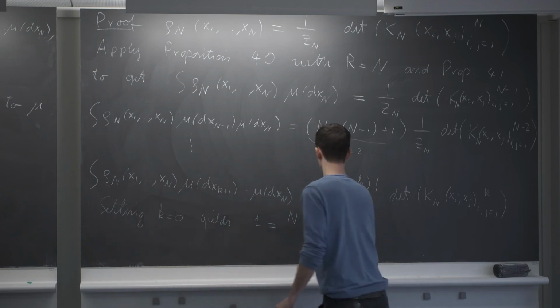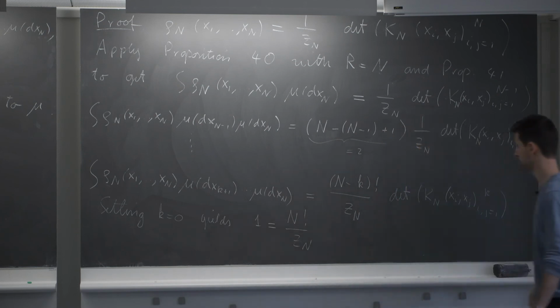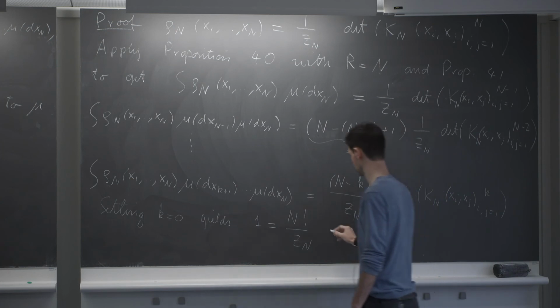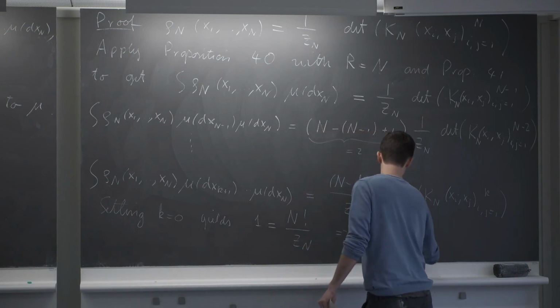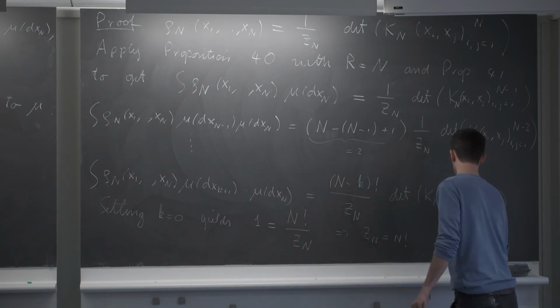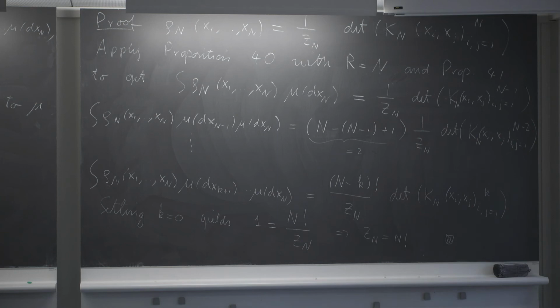So if k is 0, I have an n factorial divided by Zn, and then I have the determinant of an empty matrix, which is by convention equal to 1. Empty products are equal to 1. So from this, we deduce that Zn has to be equal to n factorial, and that's what we have.